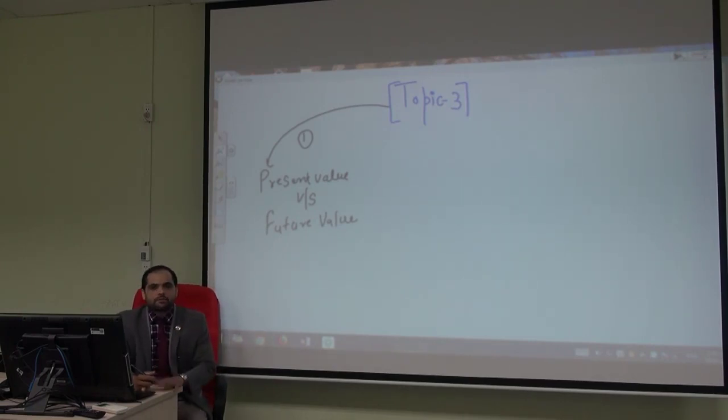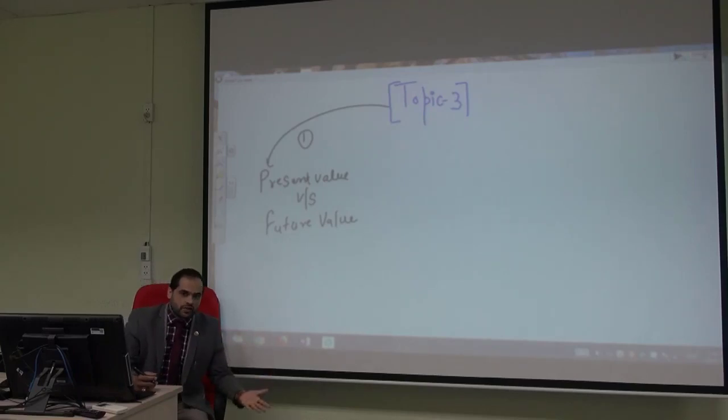For example, let's say you're planning to study abroad after 5 years, and you require $50,000. In order to have that $50,000, how much money do you need to invest right now? Whatever money we require right now, that's the present value.